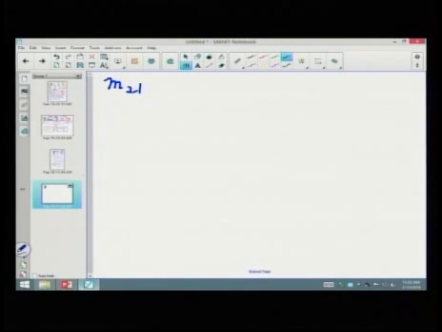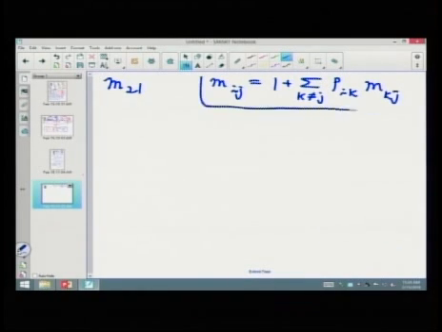So let me write down the formula that you are going to use. That is m sub ij equals 1 plus the sum over k not equal to j of p sub ik times m sub kj. Okay, so we are going to use this formula.